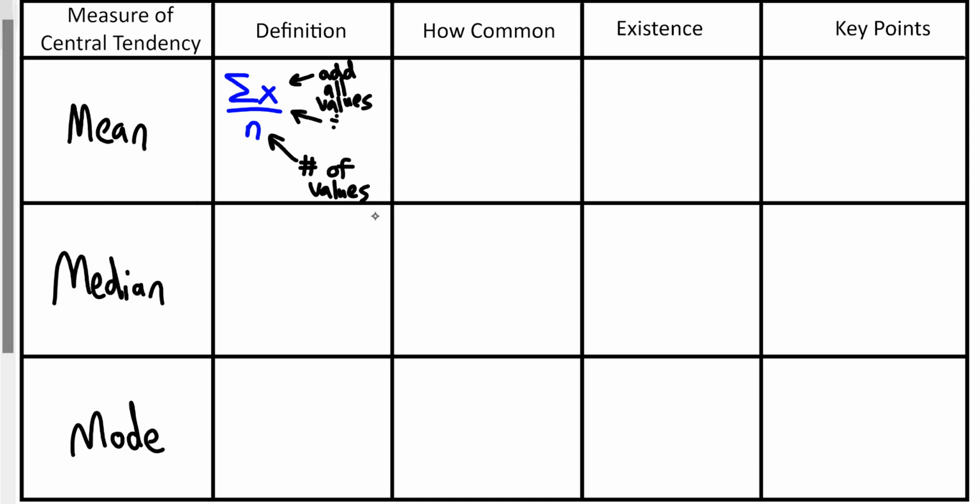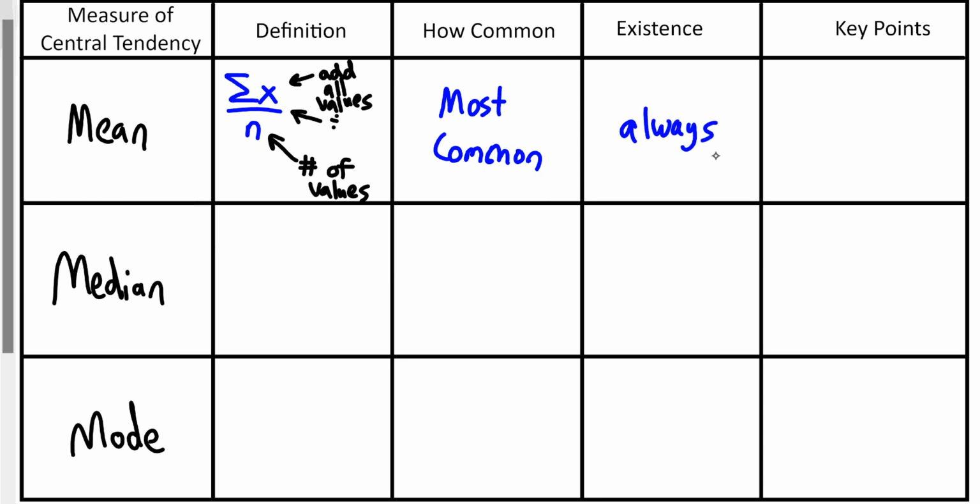And that'll get you your mean. It's also called the average, but we're going to be calling it the mean. This is the most commonly used measure of center, and it always exists. No matter what data set, you can always find an average.